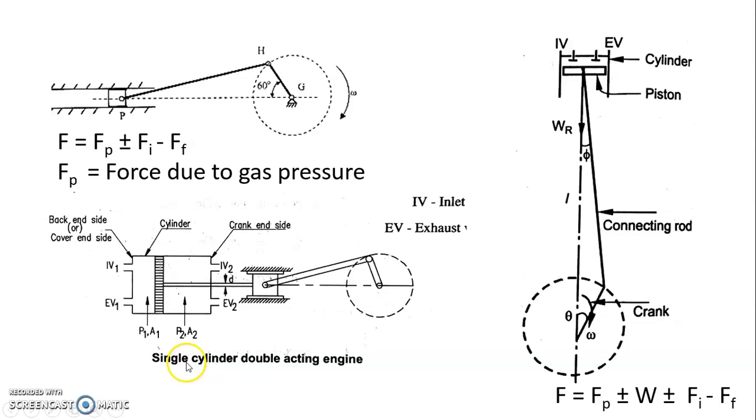And consider a single cylinder double acting engine. Here what is the difference? In double acting, the force on the piston is acting on both sides. This side is known as the back end side or cover end side, and this side is known as the crank end side. So what will be the net force acting on the piston?